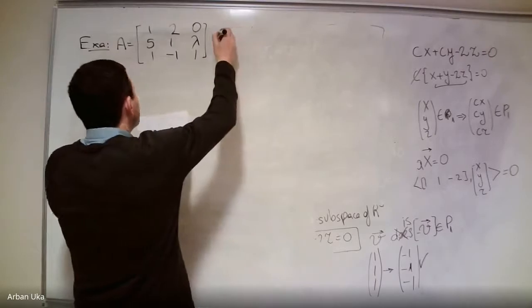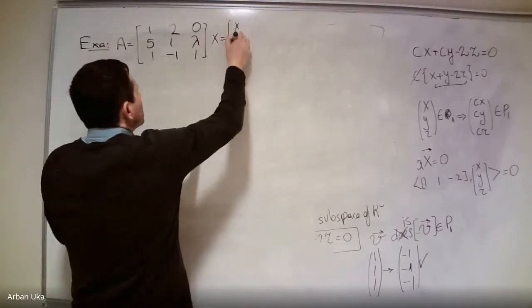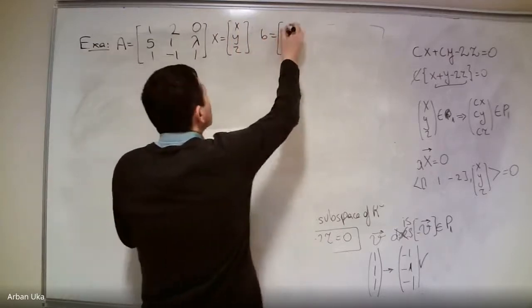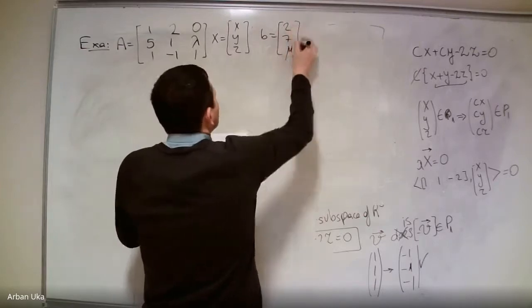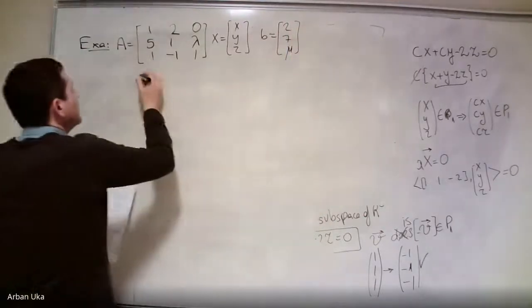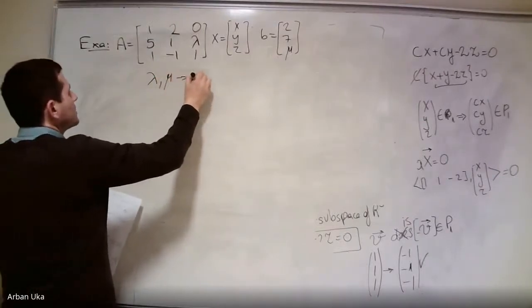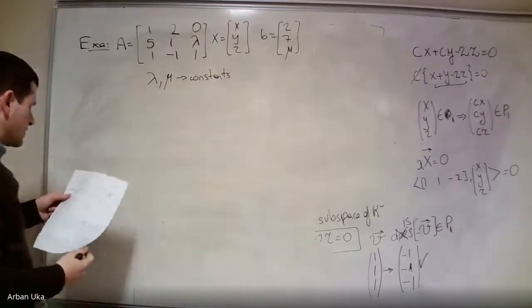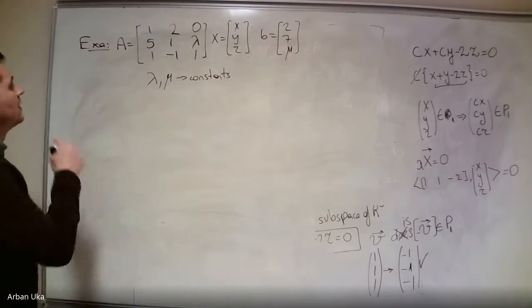This is the A, x is the vector x, y, z, and B is another vector, 2, 7, mu. Now, these two constants, lambda and mu, are constants, so they can be any number. And the question is, let's see for which lambda the system has a unique solution.